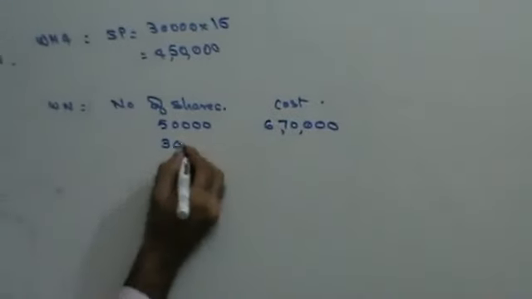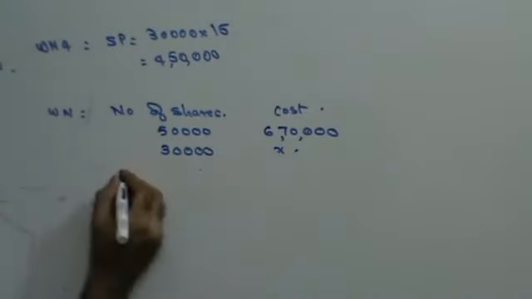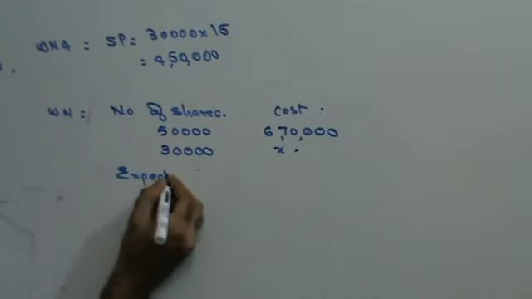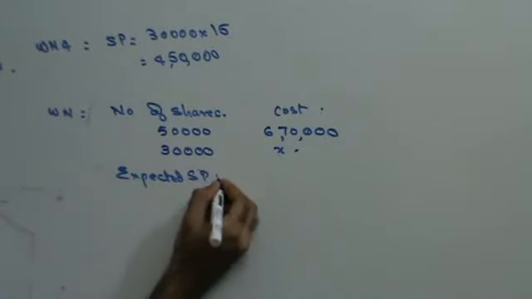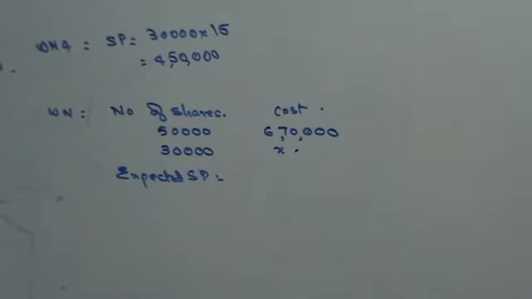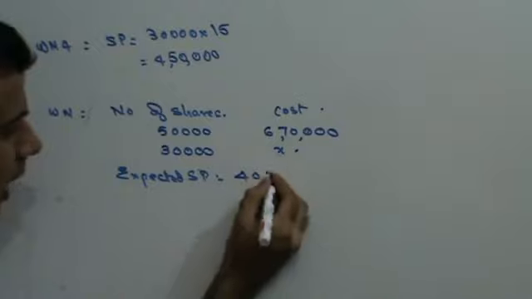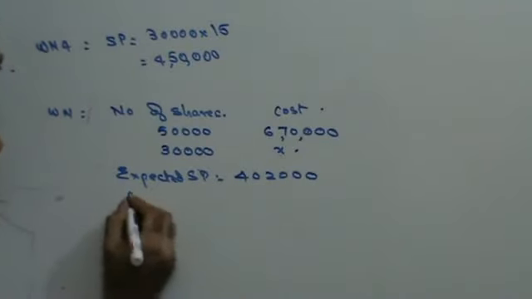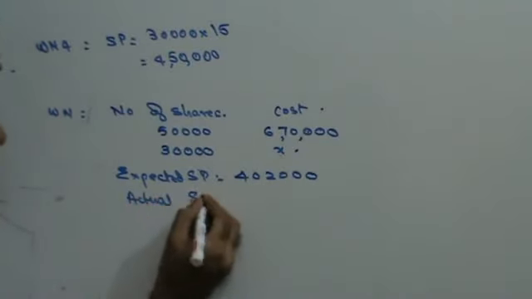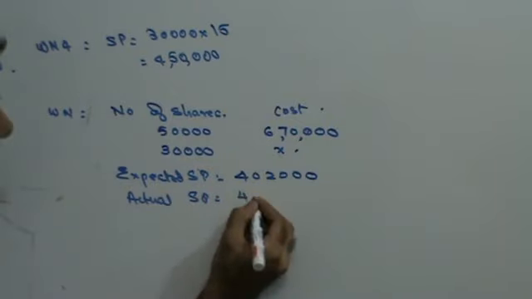Now I am selling 30,000 shares. In that case, what should my expected selling price be? Someone please help me calculate this. 4,02,000. Actual selling price is 4,50,000.